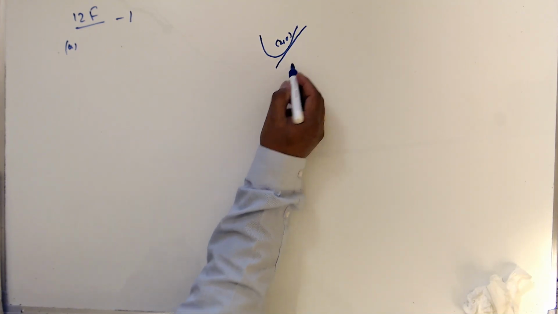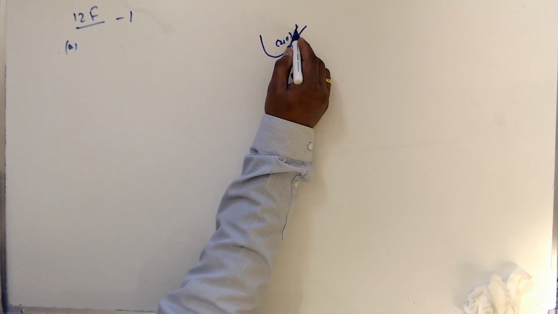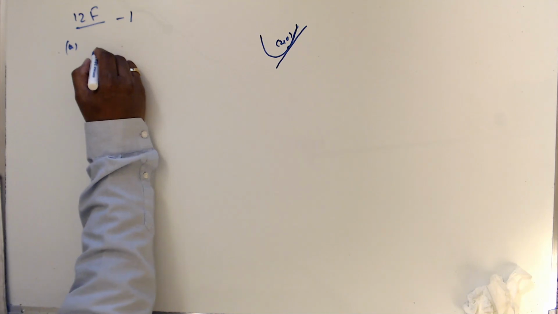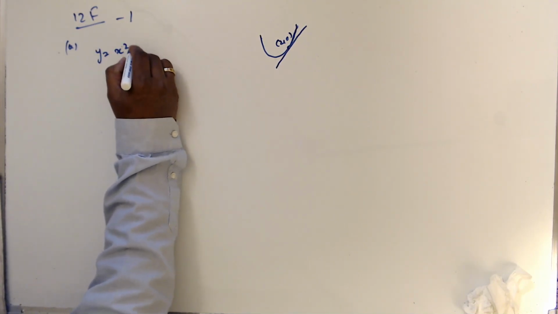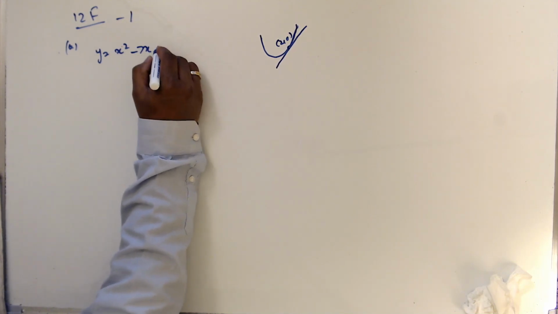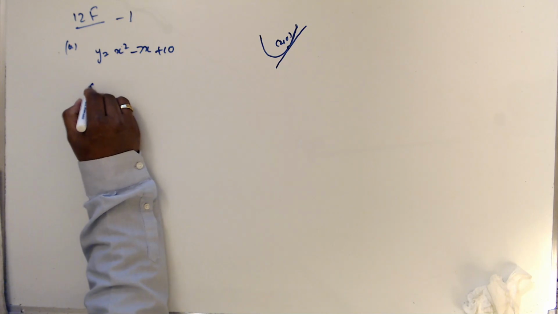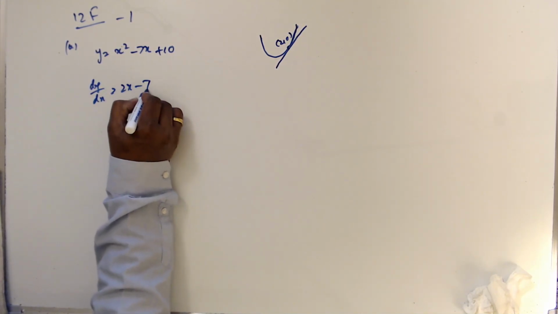First of all, we'll find the gradient of this curve. The curve is y equals x squared minus 7x plus 10. So the gradient dy over dx is 2x minus 7.